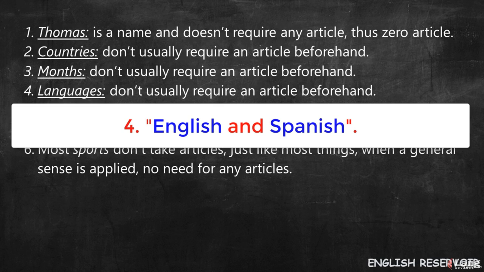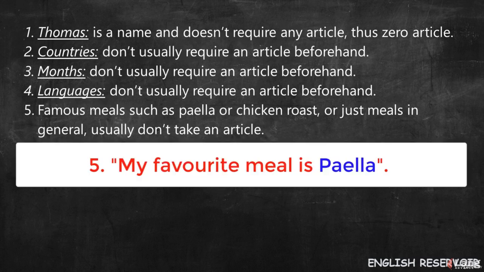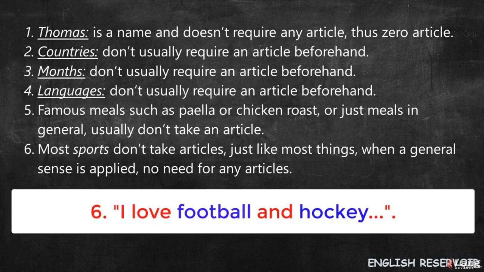Languages don't usually require an article beforehand. 5. Famous meals, such as paella or chicken roast, or just meals in general, usually don't take an article. 6. Most sports don't take articles, just like most things. When a general sense is applied, no need for any articles.